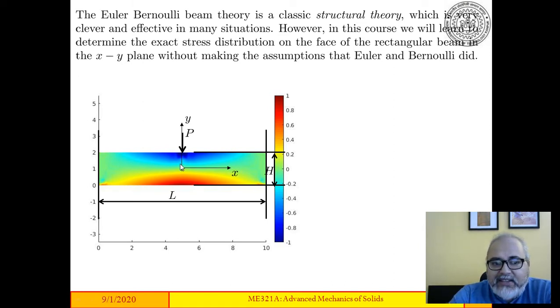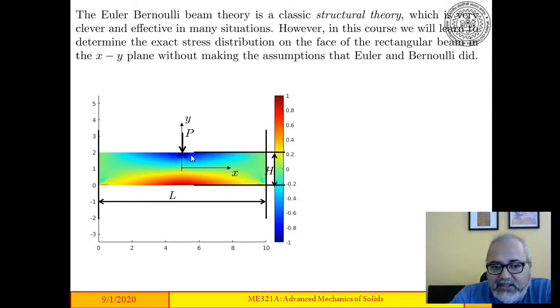And this is an effect of elasticity that your Euler-Bernoulli beam theory will not be able to capture, because Euler-Bernoulli beam theory does not treat this beam as an extended body. It treats the beam as just a line concentrated at the neutral axis. So that is the difference.